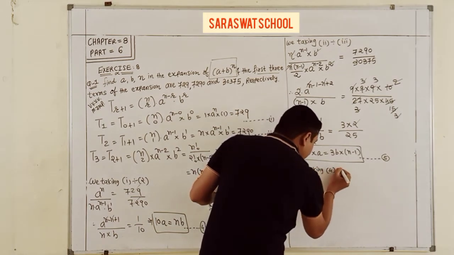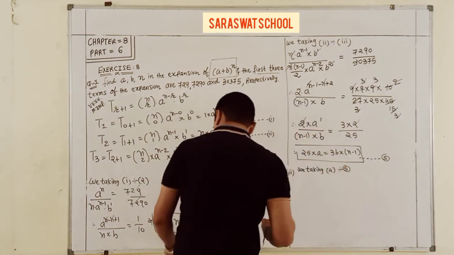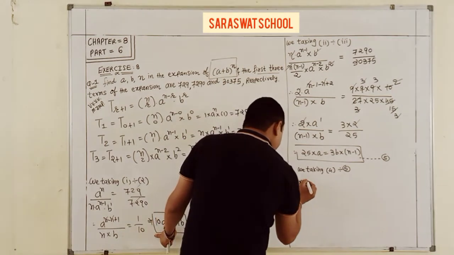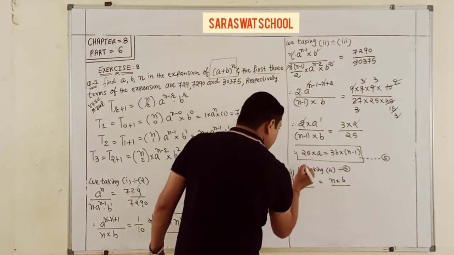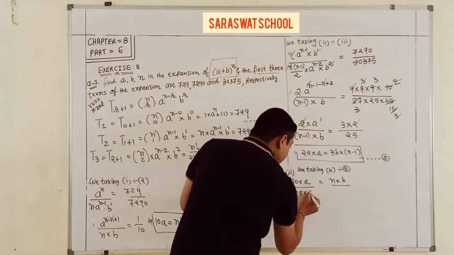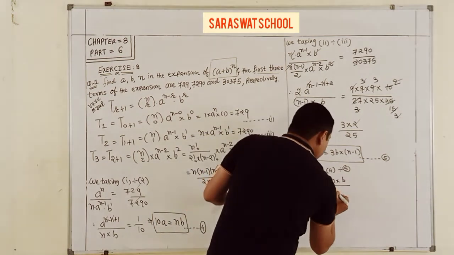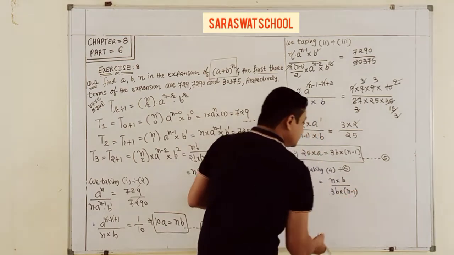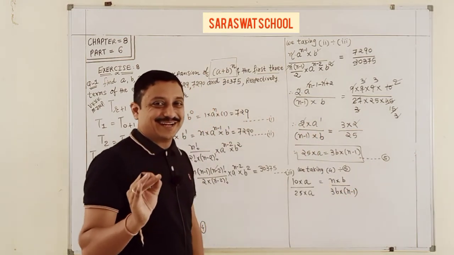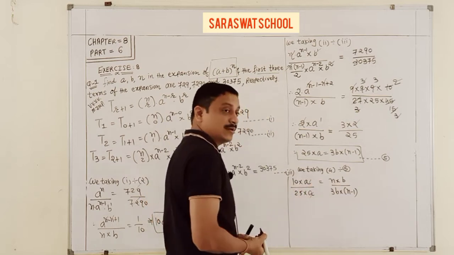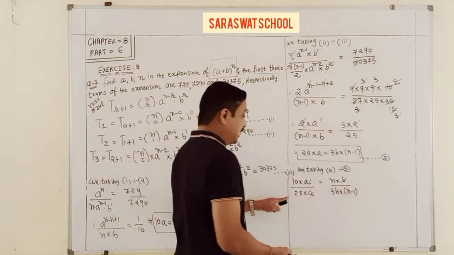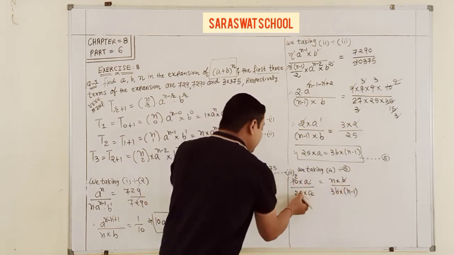So now we continue with 4 divided by 5. What's your 4? 10a equals nb, and here 25a equals 3b into n minus 1, and you can start your small journey. One answer is coming here: a and a gone, b and b gone, and that also gone. 5 2s are 10 and 5 5s are 25.